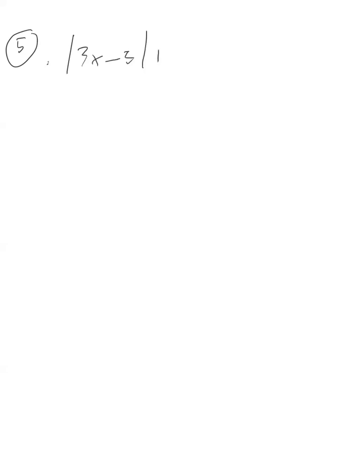Which looks like this. So the first step is to get the absolute value by itself. Subtract the 2. Okay, 9. Now, if the absolute value equals a negative number, that's impossible, so there's no solution. But this absolute value does not equal a negative number, so there is a solution.